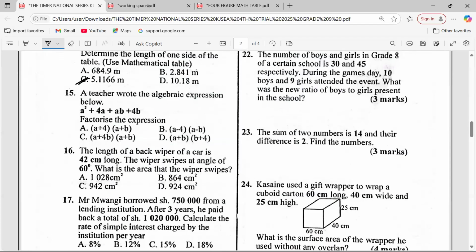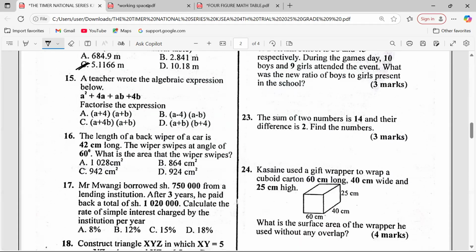So for us to factorize this expression, from the first two terms, we need to talk about the common term. So from the first two, a is common. So we factor out a, then we remain with a plus 4.